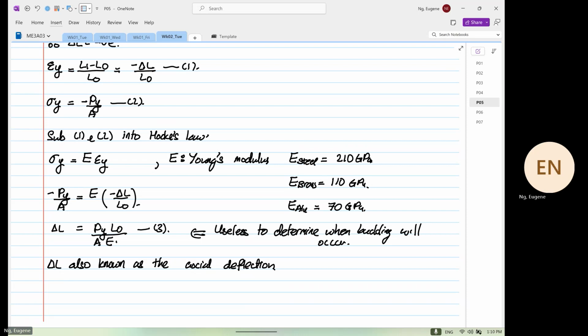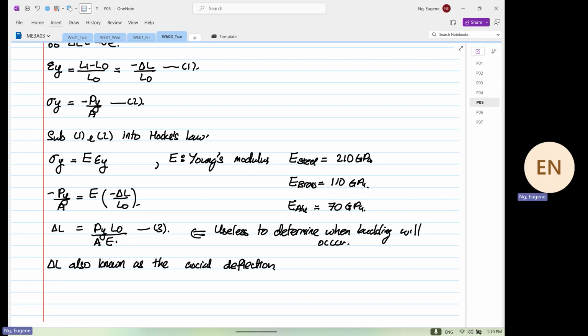Yes or no? This formula you see on the board, the deflection is what? It has to be axially going in. Are we clear? Okay, that's why this formula is useless for what? For buckling.